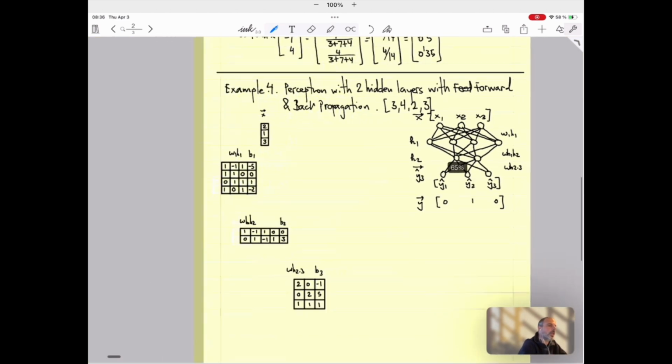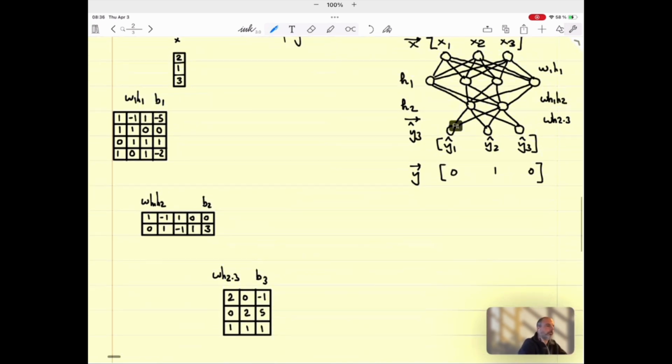All right, so at some point here I want to calculate an error. And this is going to be our y, 0, 1, 0.